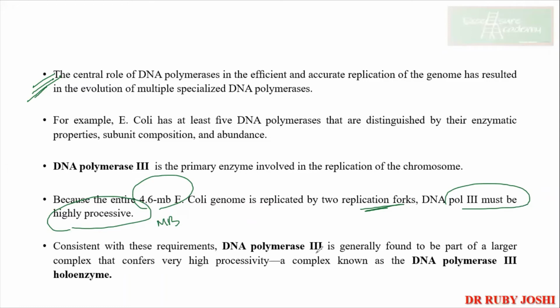So DNA polymerase 3 is actually a part of a larger complex, which has high processivity, and it is known as DNA polymerase 3 holoenzyme. So this holoenzyme means it has got the sliding clamp, beta clamp, all these coming together to form the holoenzyme, a part of which is DNA polymerase 3, which is carrying out the replication.